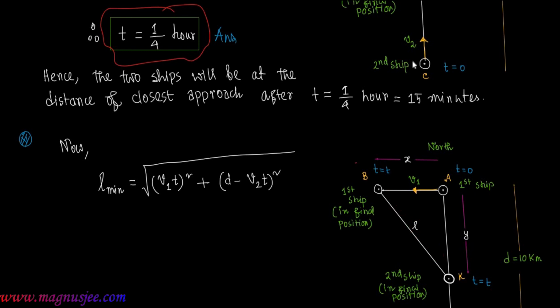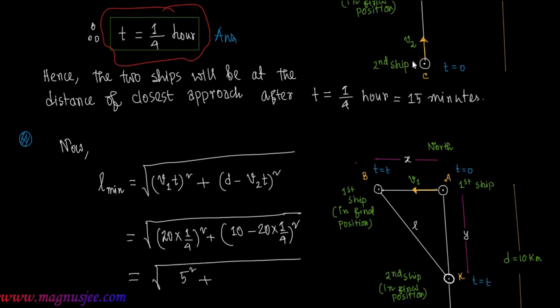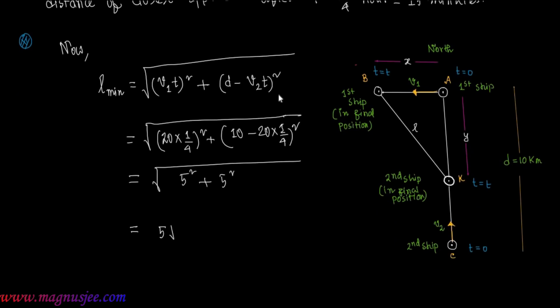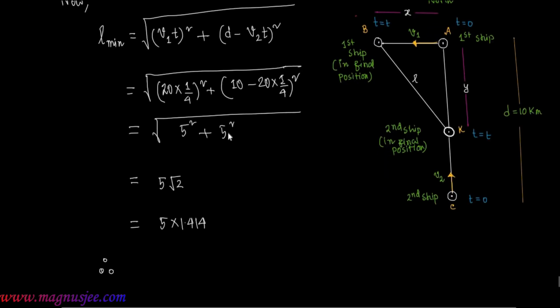Putting the values, we get root over (20 into 1 by 4) whole square plus (10 minus 20 into 1 by 4) whole square, and we get square root of 5 square plus 5 square, that is equal to 5 root 2, that is 5 into 1.414. Therefore L min is equal to 7.07 kilometer.